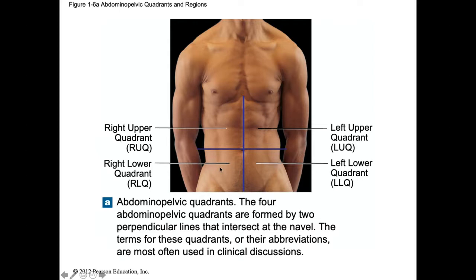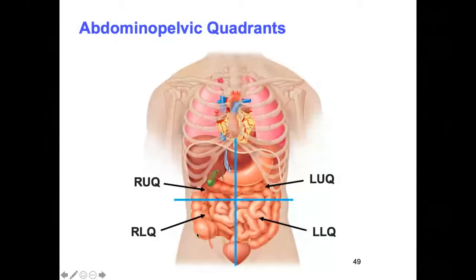Okay, so the next question is, well, what structures are located in the right lower quadrant? They're sweating, they're bent over, they have a fever. Well, maybe this right here is inflamed, which is the appendix, the vermiform appendix. Maybe they have an appendicitis.